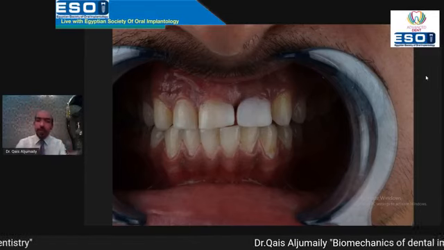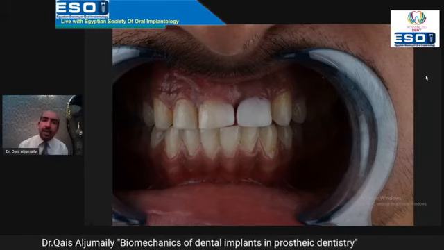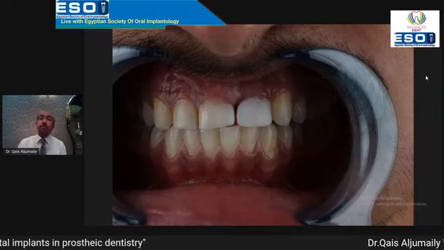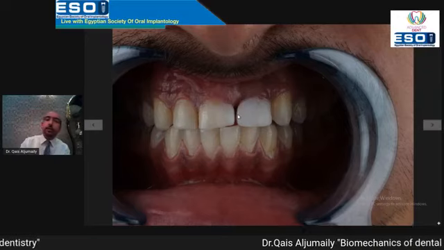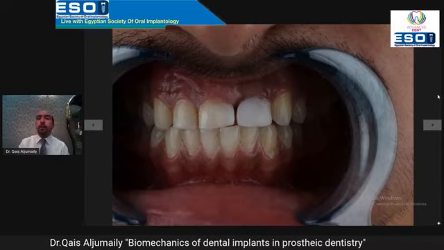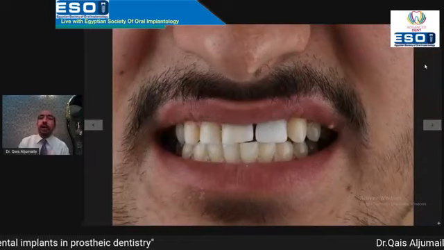This is just a mock-up, and I found it's very ugly. The crowns are very large, the centrals very wide, and I can't even close the diastema, the space. So I decided not to do a single crown over the lateral, and I shifted my treatment plan.